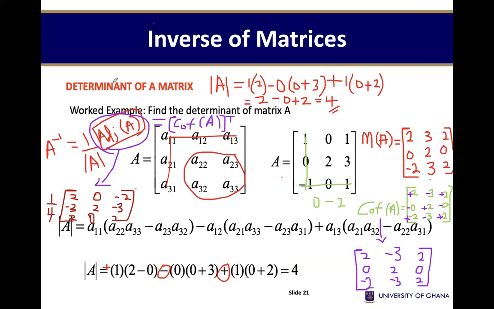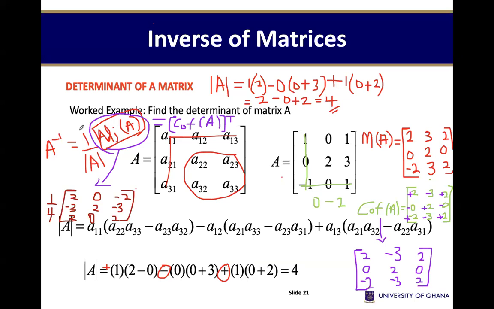Sorry, you said the question didn't say we should find the inverse. It said we should find the cofactor of A transpose, which is equal to the adjoint of A. Yeah. So how we got the inverse is what I don't understand.